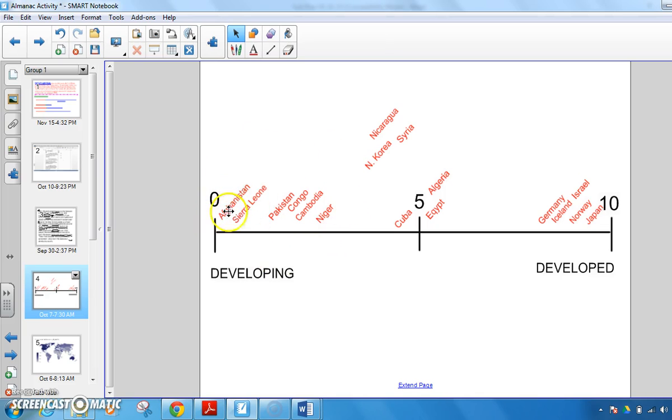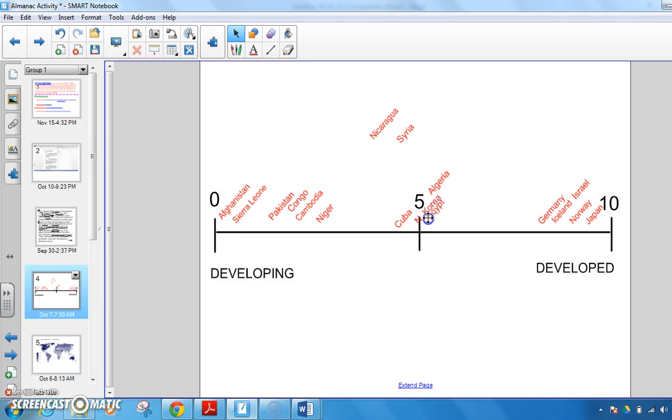Those are usually the very easy ones to go through, right? The ones that I've listed that are here, and usually you could tell me through a couple of statistics, yeah, that's developed or developing. But here's where it gets interesting. These are the ones that have a mixture of both. So North Korea, some of you may have said it's developed, but it's not like a 10 developed.